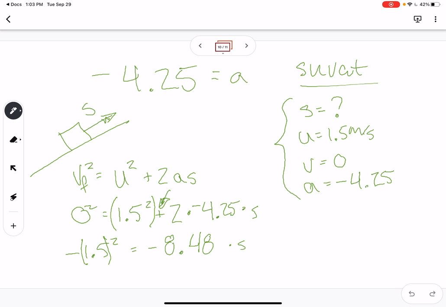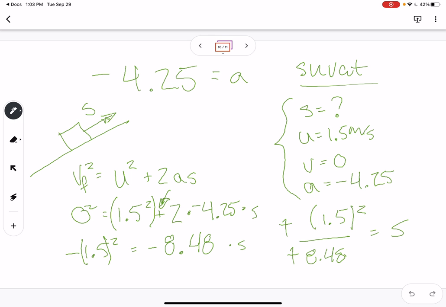So we now have an equation. The negatives will cancel: negative 1.5 squared over negative 8.48 is equal to x. The negatives do cancel. We end up with a solution.